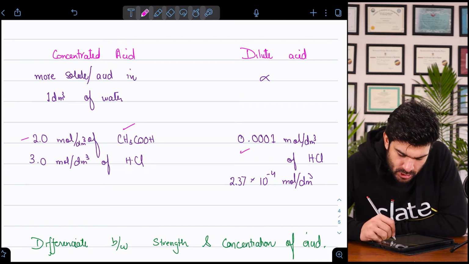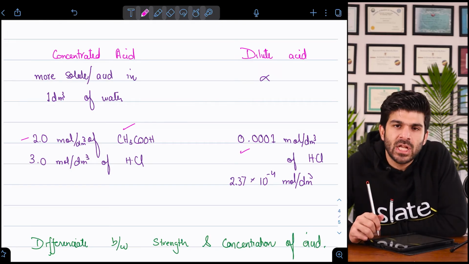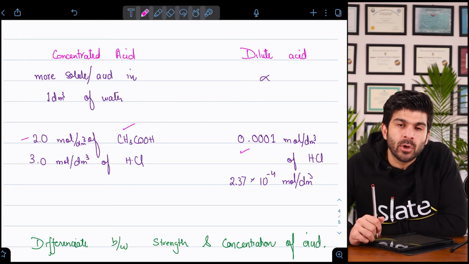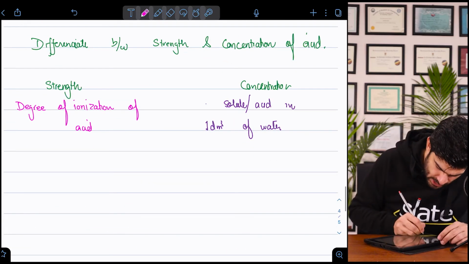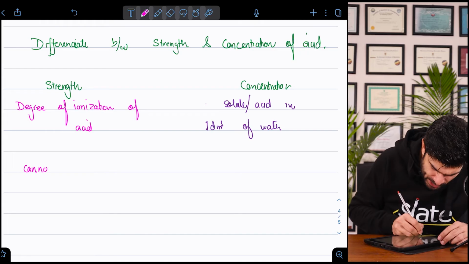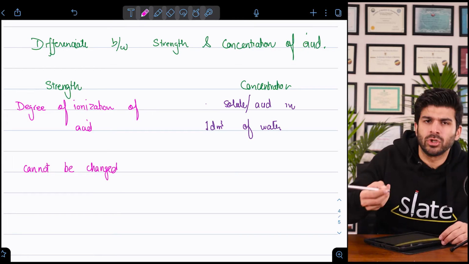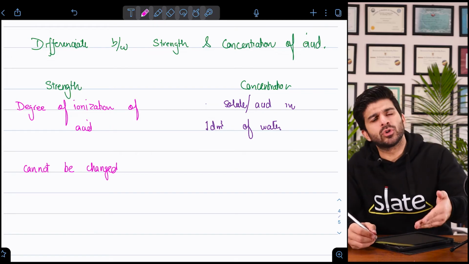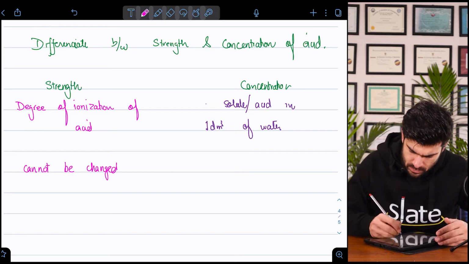And does this low concentration make HCl a weak acid? HCl will still be a strong acid, because that's what I said. Memorize that. So, strength cannot be changed. Concentration, easy. Add more solute, it gets concentrated. Add more water, it gets dilute.